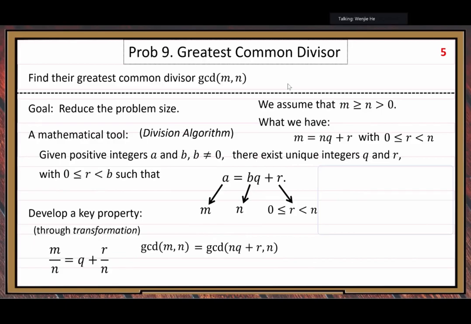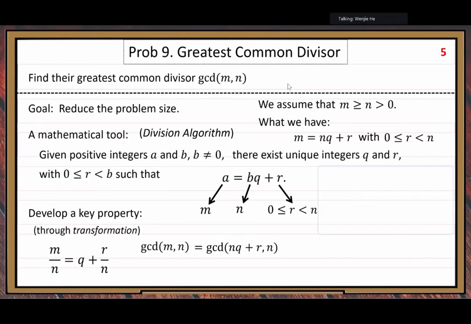Here, let me use this fraction to explain the size reduction. If we look at the fraction m over n, replace m by nq plus r, then after we separate the two terms, the nq term has a cancellation.